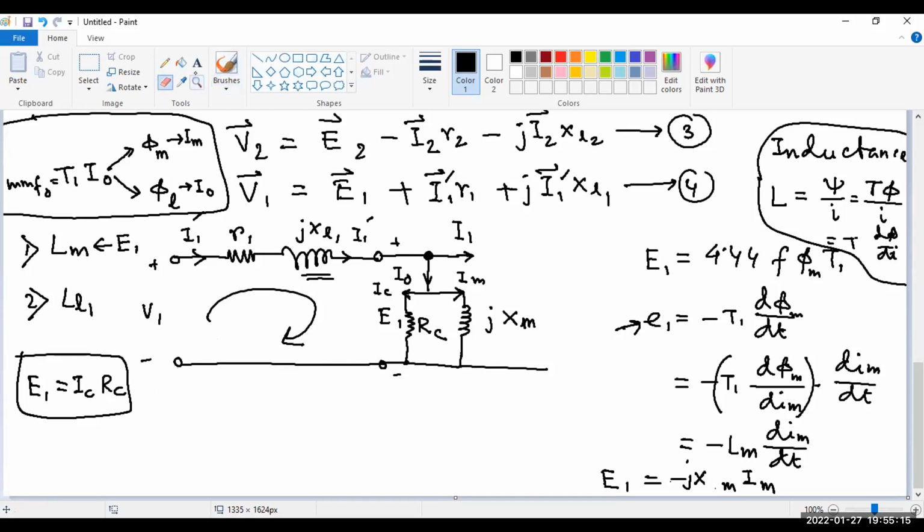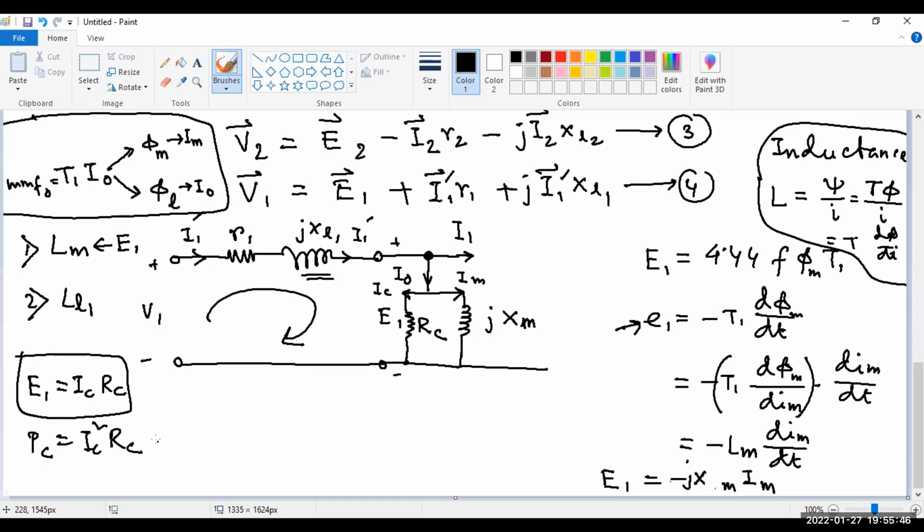So therefore, you have the voltage drop, and the core loss is this. So these two things you have to add to the previous seven equations: the concept of inductances and the concept of core loss resistance RC.